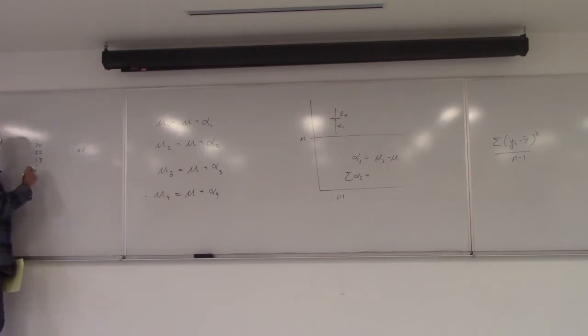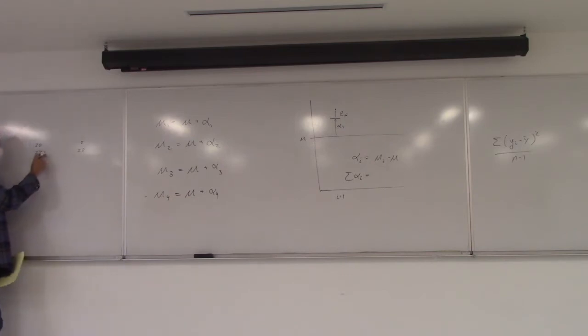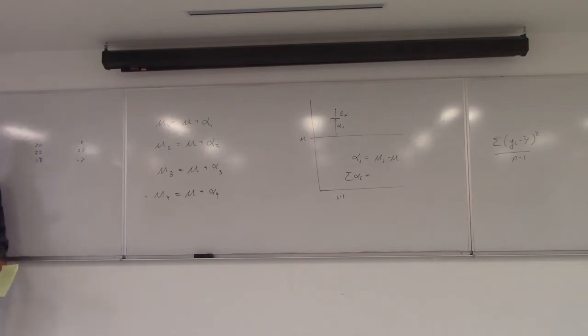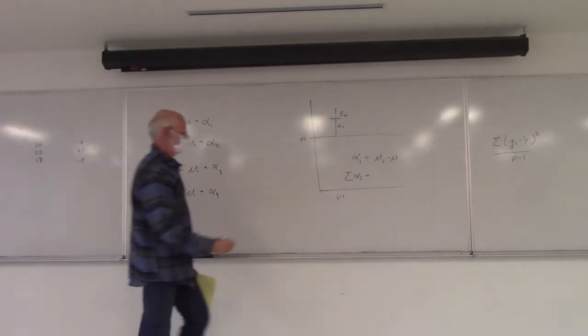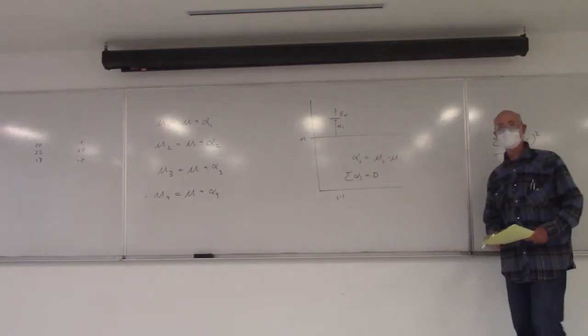Okay? What's the alpha between 20 and 22? 2. What's the alpha between 20 and 18? Minus 2. What's minus 2 plus 2? 0. Okay?